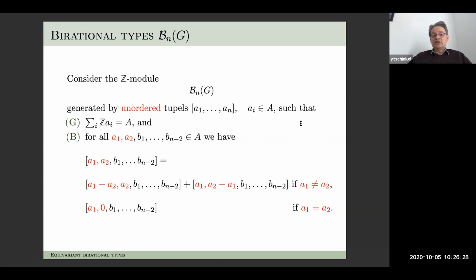So the first property is the generation condition, so that the characters, the sum of the a_i's, I mean, anyway, they generate the group A. And the other more important property is whenever we see a collection a1, a2, and then b1 up to b_{n-2}, then this symbol is going to be equal to a sum of the symbols below, a1 minus a2, a2, and then all the others, plus a1, a2 minus a1, and then all the others, if a1 is not equal to a2, and simply a comma 0 if a1 is equal to a2. Well, so those are the relations.